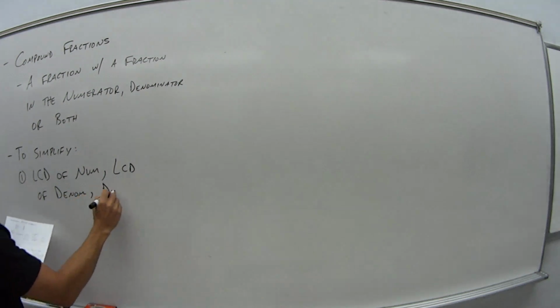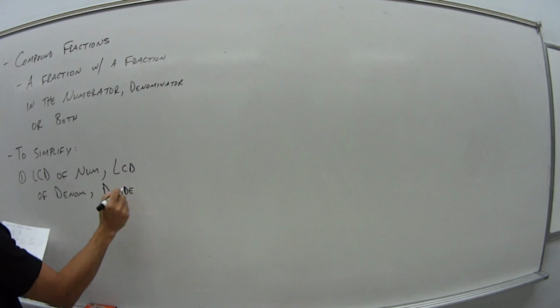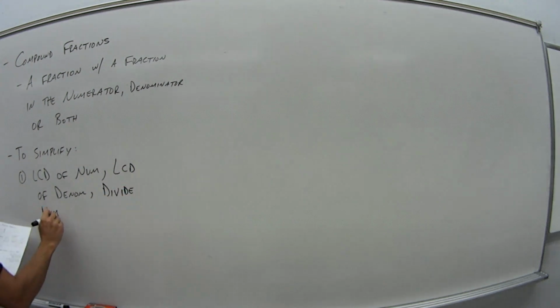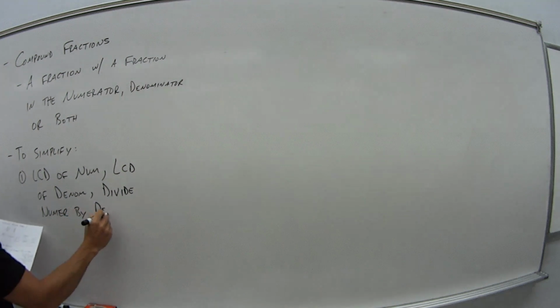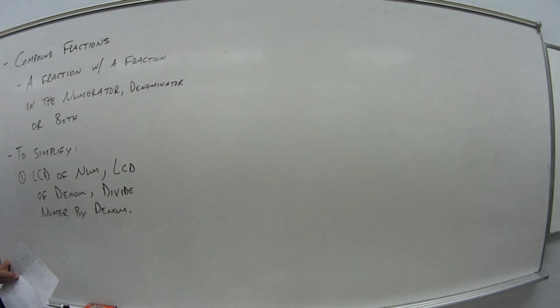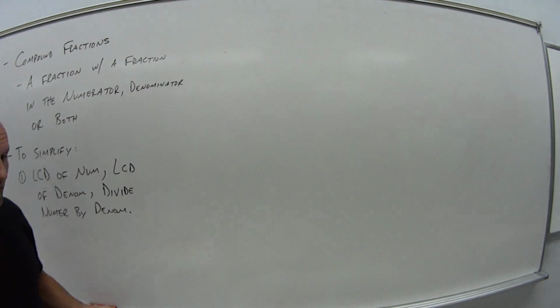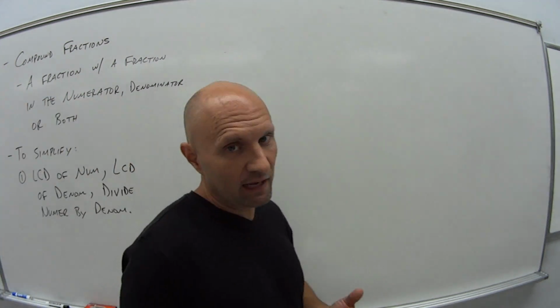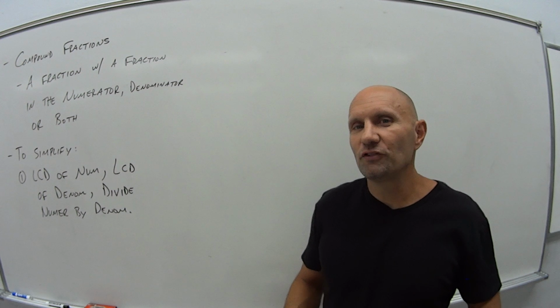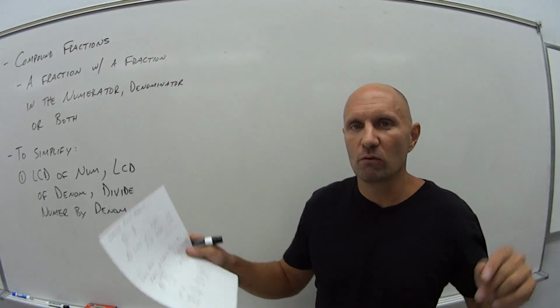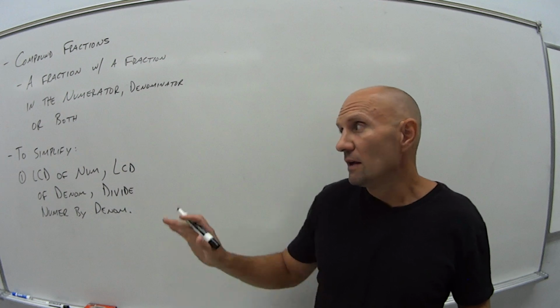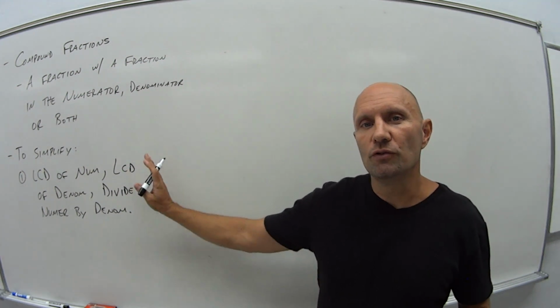And then divide the numerator by the denominator, the keep, change, flip like we had talked about. This is a lot of steps. This can get messy. The more steps and the messier it gets, the more chance you have to make one of those quote-unquote dumb mistakes. So I personally don't use this option.